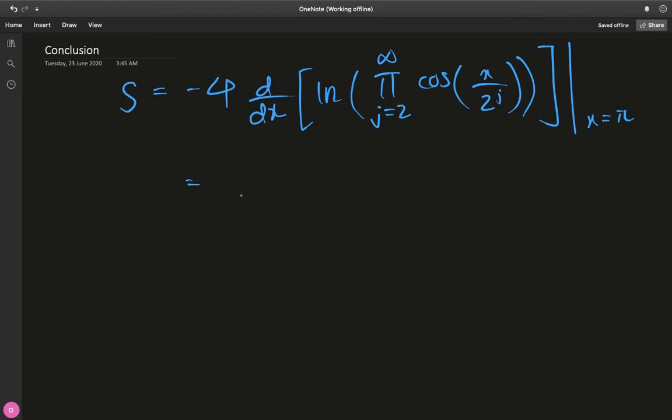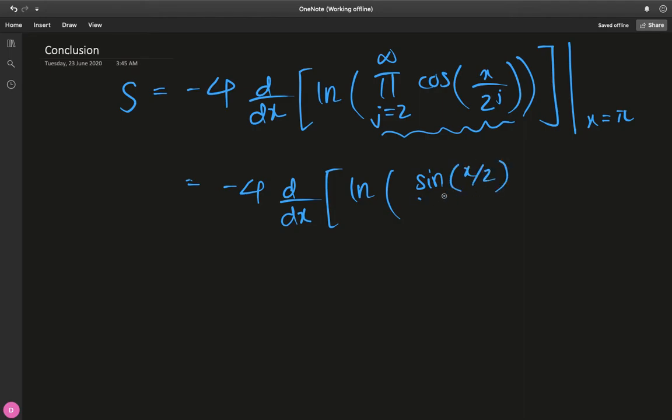And this all evaluates to minus 4 times the derivative with respect to x of the natural log of, now we know this term, right? We just calculated it on the previous page. That's the natural log of sine of x over 2 divided by x, and you evaluate the derivative at x equals pi.